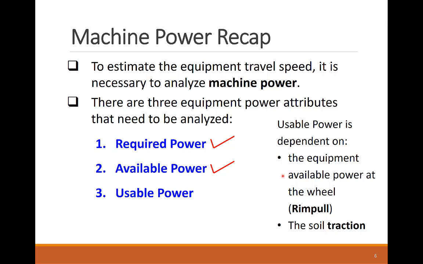This is why we'll focus next on usable power, which is dependent on the available power, which we will give a name, rimpull, and the soil traction with the wheel.